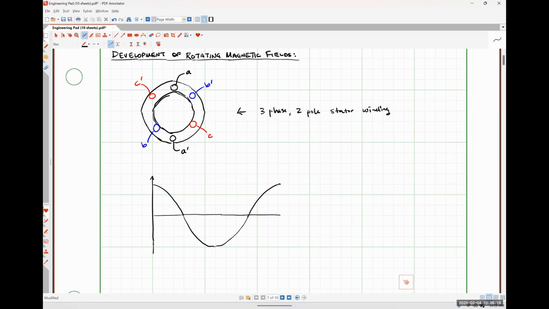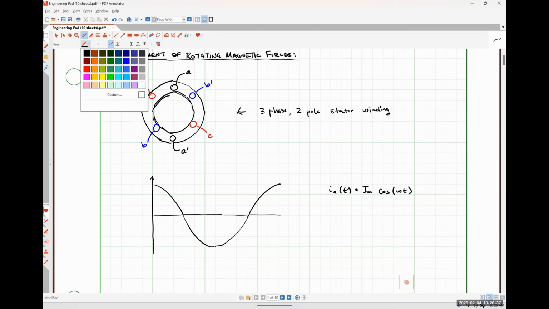So here's just one cycle of what's going on in the A phase. I'm going to do the black as IA of t, and this is just going to be Im cosine omega t. My B phase is going to be lagging this guy by 120 degrees.